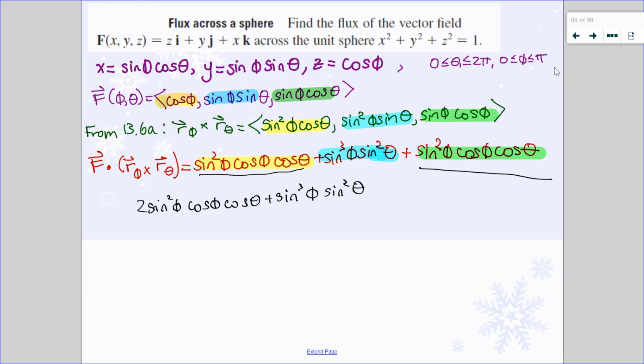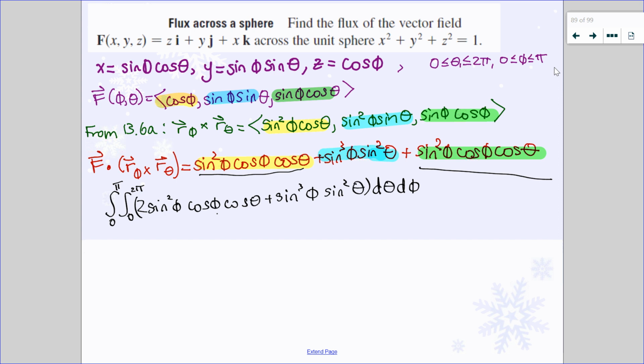And we know our bounds because we kind of started with those. So we have from 0 to 2 pi for our d theta, and 0 to pi for d phi. Questions?